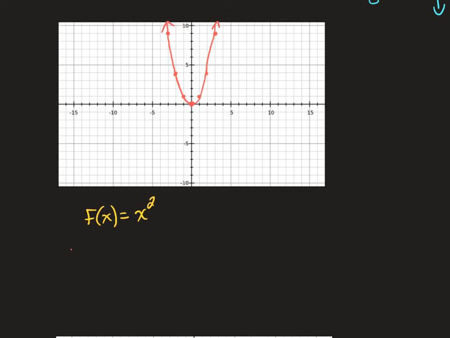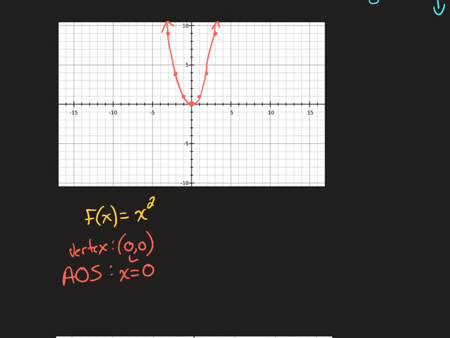So now, the vertex here we know is 0, 0. And I just realized I didn't even talk about the axis of symmetry. Remember, the axis of symmetry, which I'm going to denote as AOS, cuts the parabola in half. It's that line, x equals, it's always going to be x equals for a regular parabola. It's going to cut the parabola in half.